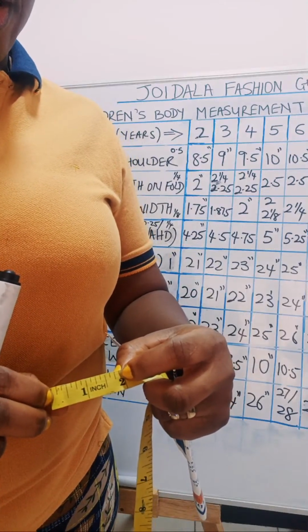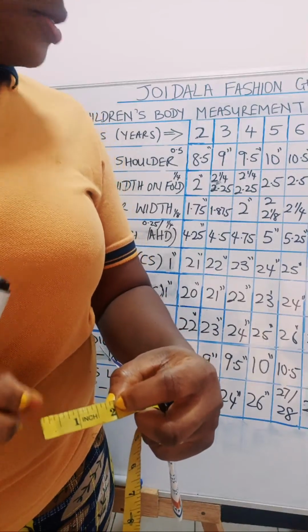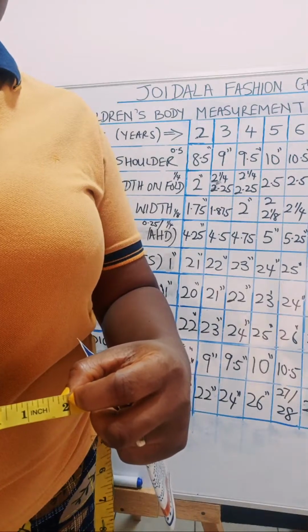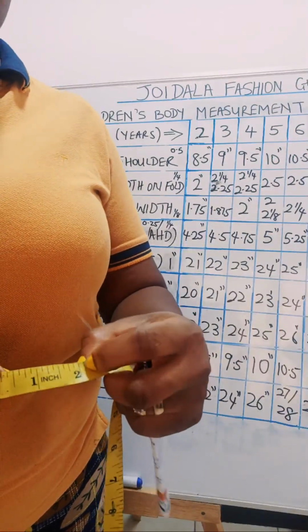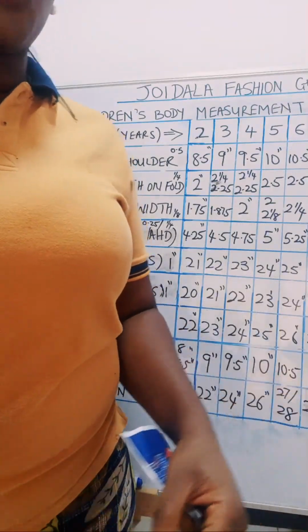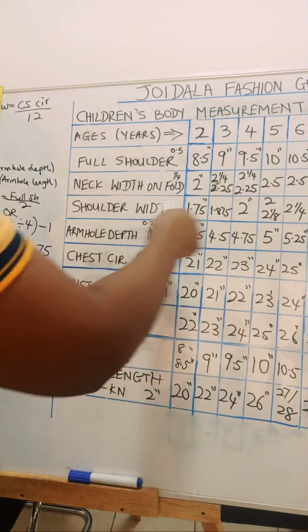For the next age, you just increase again. Now the next will be 2 inches. For the next year, you can just increase it again by another 1/8. You just keep moving it small, or according to the style you are sewing. So that is how to do the shoulder width.